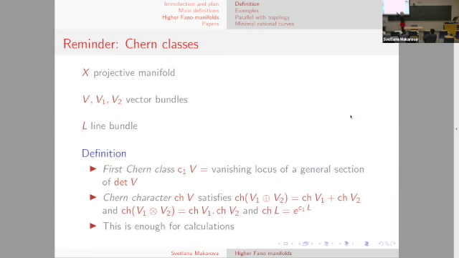Further, we say that the Chern character of a line bundle L is the exponential of the first Chern class of L. Here, for example, c1(L) squared would take two general sections and take their intersection. I claim that this is enough for calculations, and it is not necessary to see the construction for this definition.